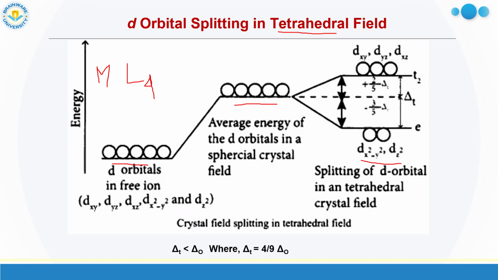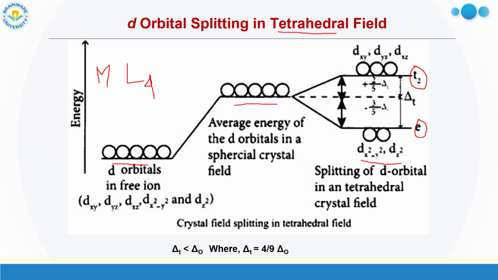So the 2 d orbitals set is known as the E set, and the 3 d orbitals set is known as the T2 set. Here one thing should be remembered, that we will not use any g sign. g stands for gerade, a German word meaning symmetry. Octahedral complexes are symmetrical, so we use the g sign.